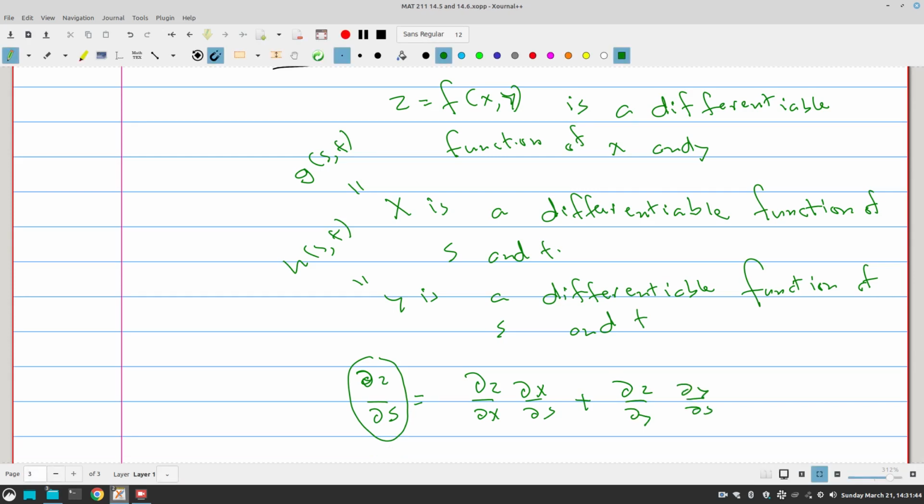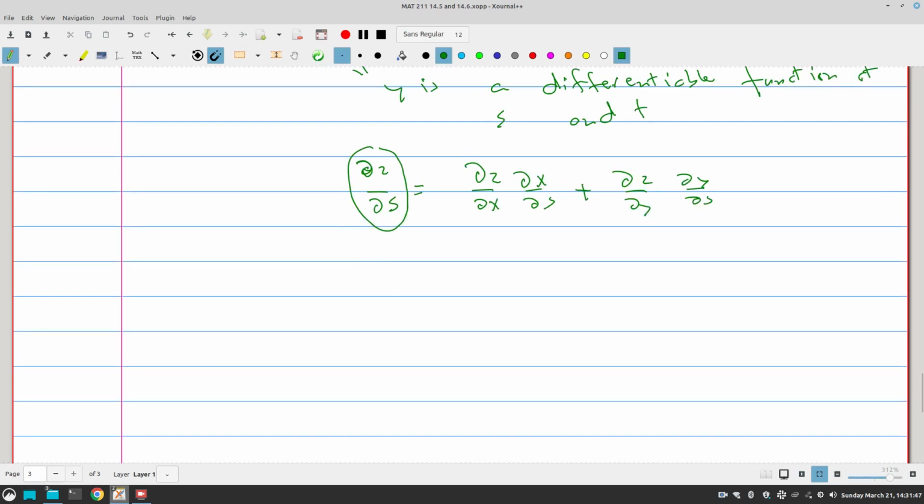Of course, with t you get partial z over partial t equals partial z over partial x times partial x over partial t plus partial z over partial y times partial y over partial t, right? It's very easy to show this on a diagram.